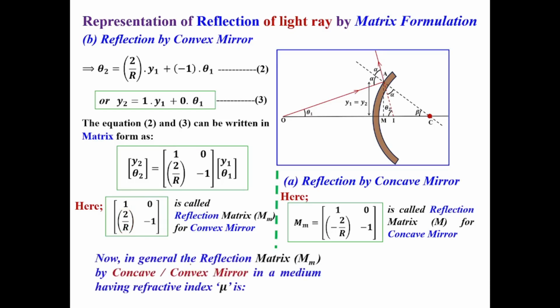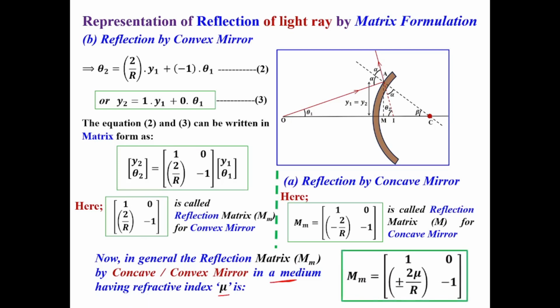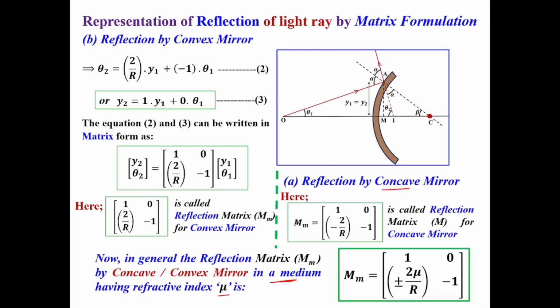So now, in general, the reflection matrix M subscript m for a concave or convex mirror in a medium having refractive index mu will be like this: 2 mu by r, plus or minus, because for concave it is minus, for convex this term is plus.